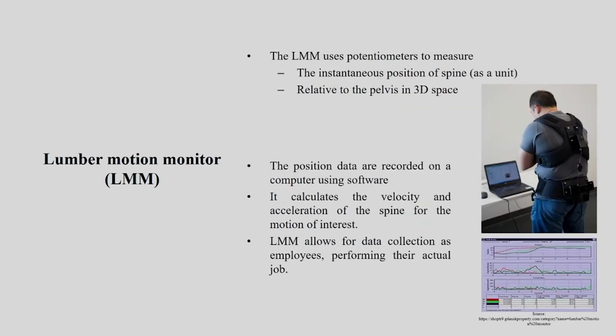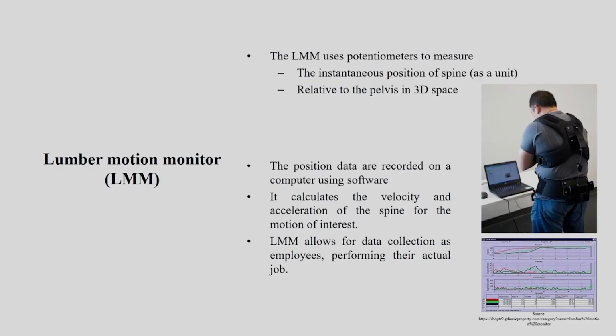So the LMM uses a potentiometer. That is the basic working principle: it uses a potentiometer to measure the instantaneous position of the spine relative to the pelvis in 3D space. The position data are recorded on a computer using the software. Of course, it is software based, so it has a hardware component and a software component.